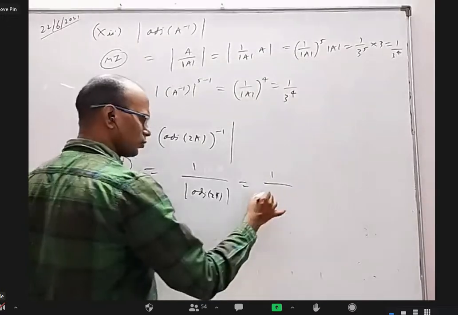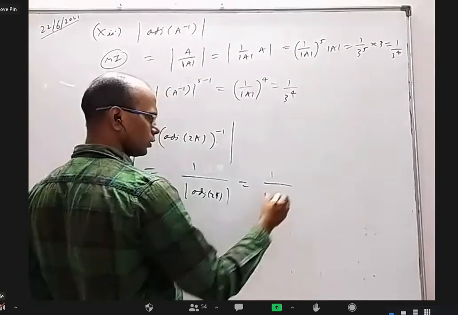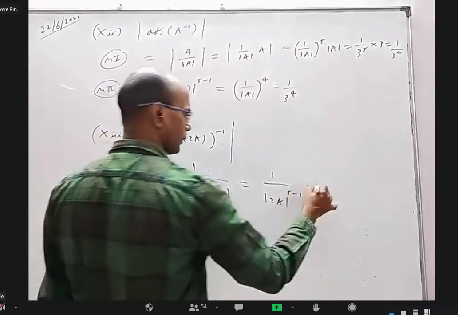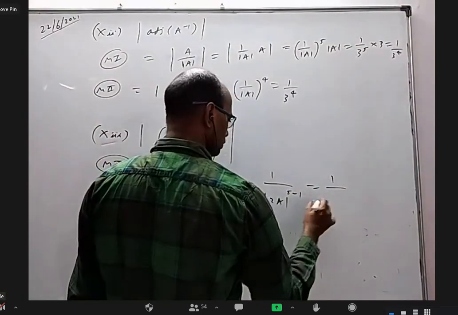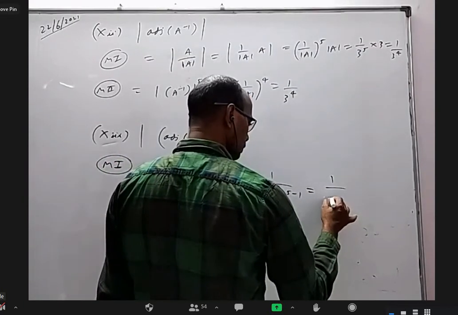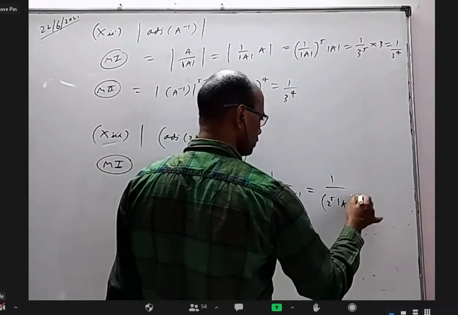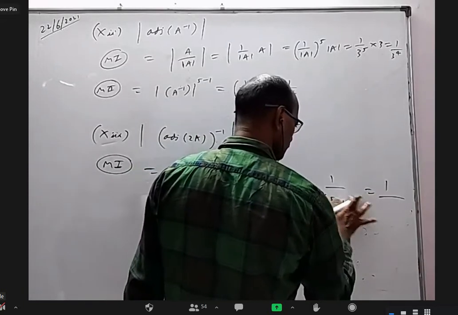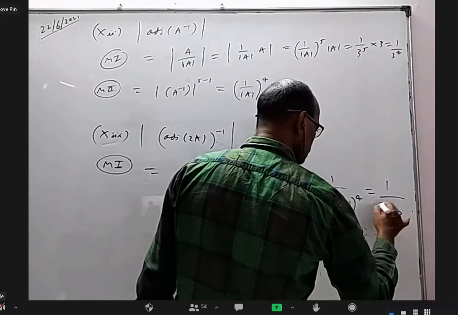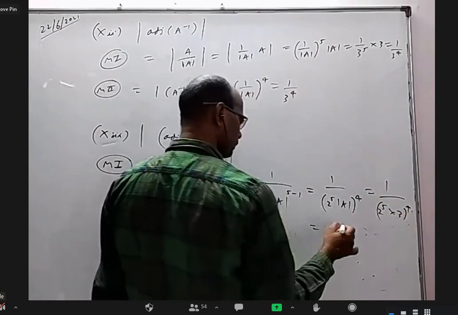If you want, you can do it once again. 2A power 5 minus 1. Det of 2A is 2 power 5 into det A whole power 4. That is 2 power 5 into 3 whole power 4.